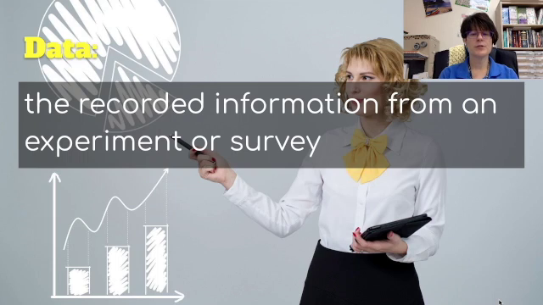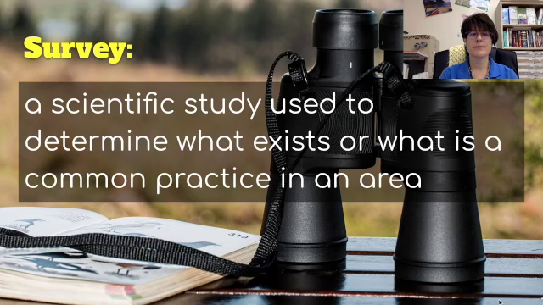Now, in order to determine if the hypothesis is correct or not, we have to collect data, the recorded information from an experiment or a survey. So we need information, and we do have a couple of possibilities. We could conduct a survey. Let's say we want to know about the bird population in an area.